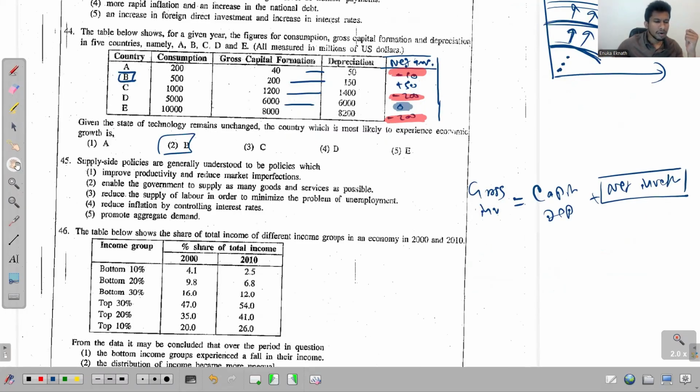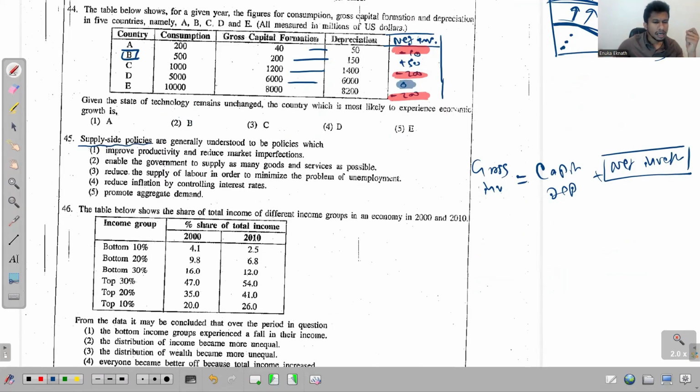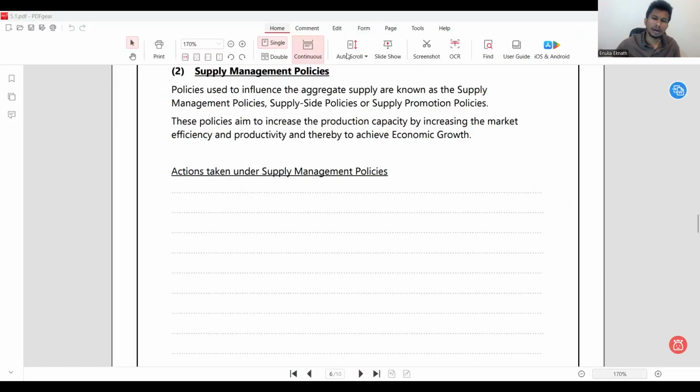Then this question number 45: supply side policies are generally understood to be policies which... All right, let me show you the theory note related to this. Everyone look at this. It's about supply side policies, not supply management policies. It says policies used to influence aggregate demand are known as supply management policies.